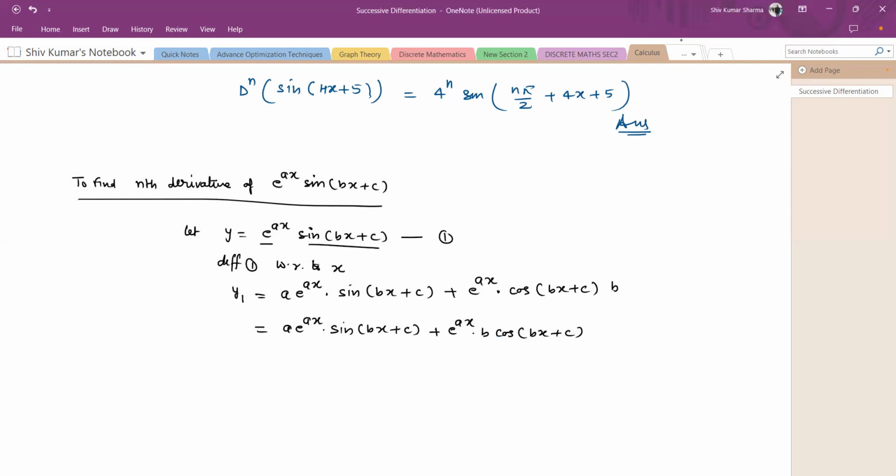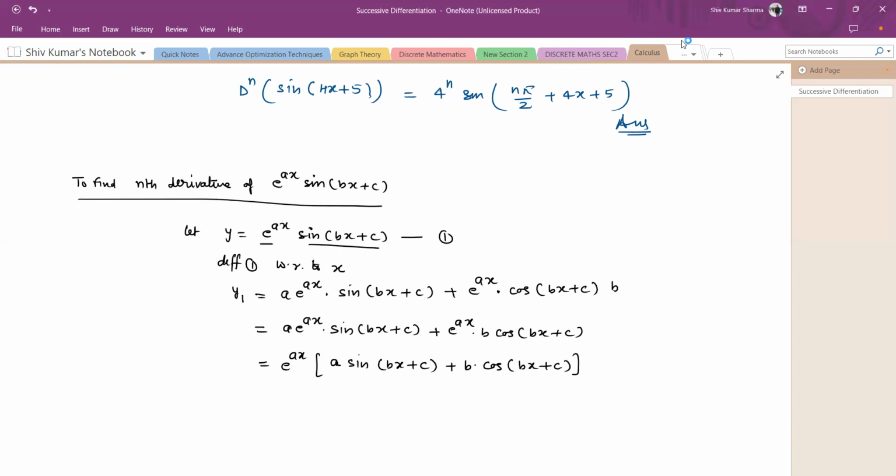So in the next step, we take e raised to the power ax as common. So this we can write as e raised to the power ax into [a sine(bx + c) + b cos(bx + c)].